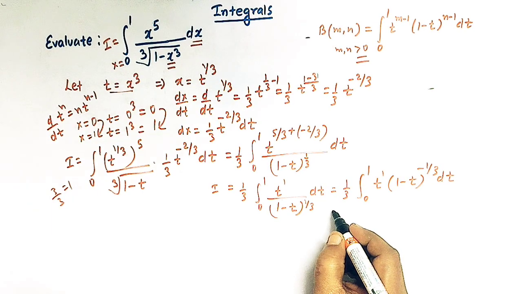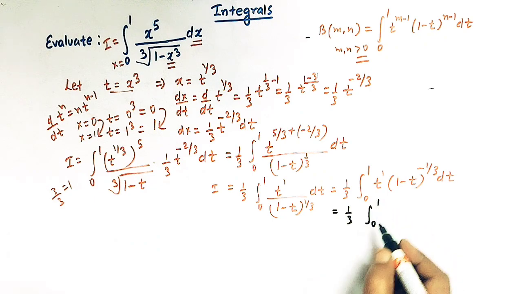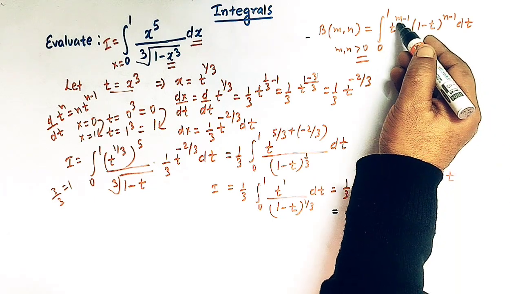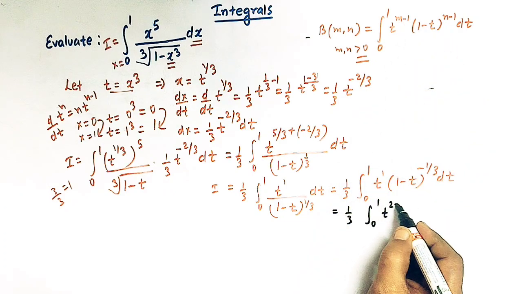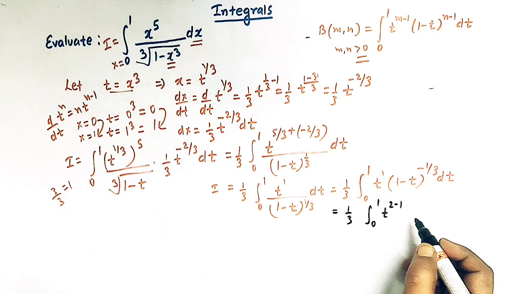So now we can write 1 over 3 times the integral from 0 to 1, where t raised to 1 can be written as t raised to m minus 1, so m is 2, because 2 minus 1 is 1.